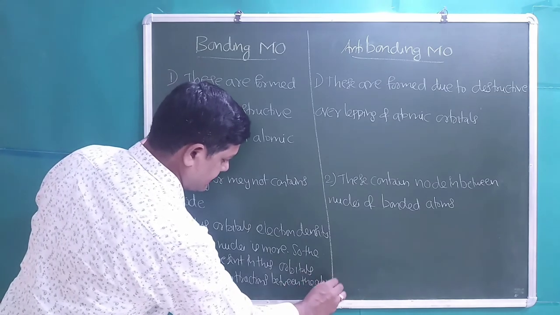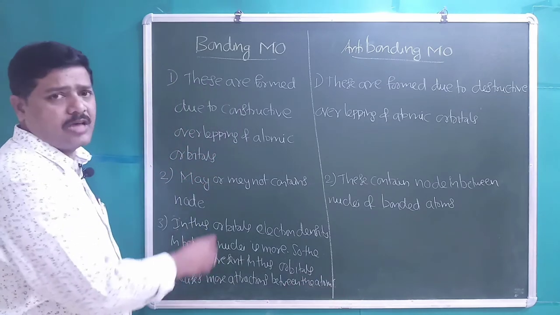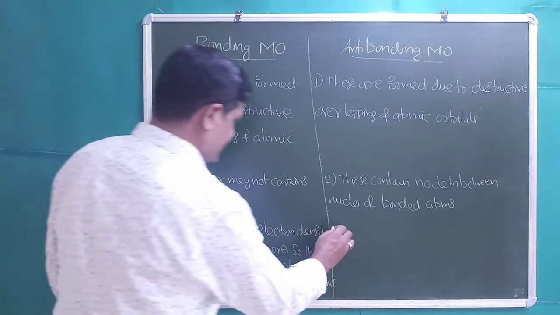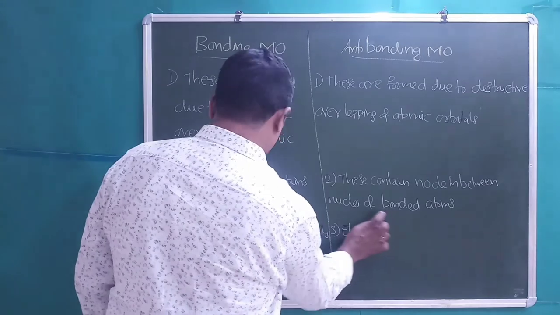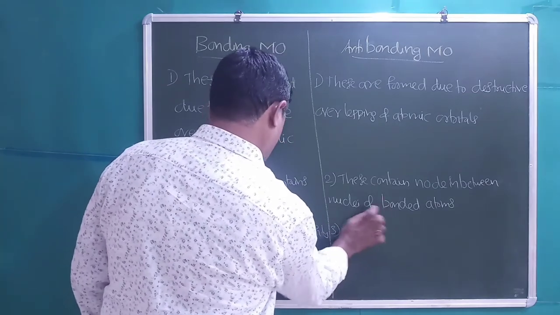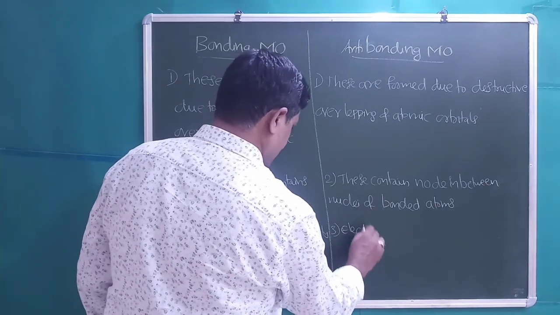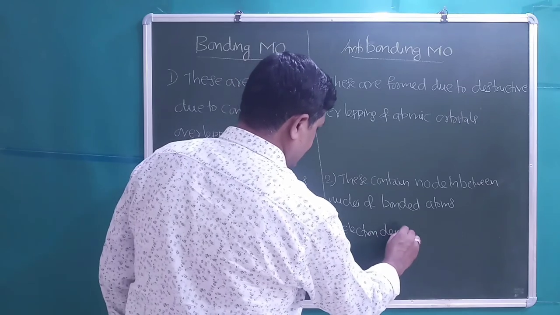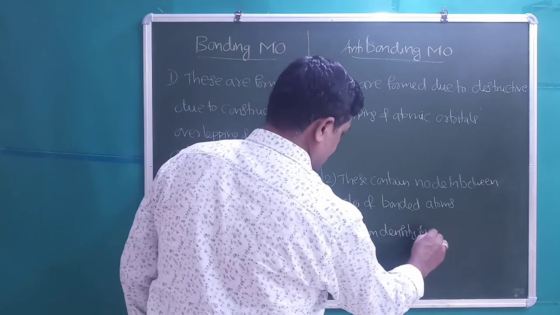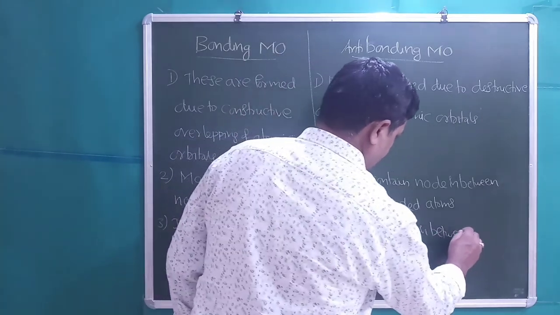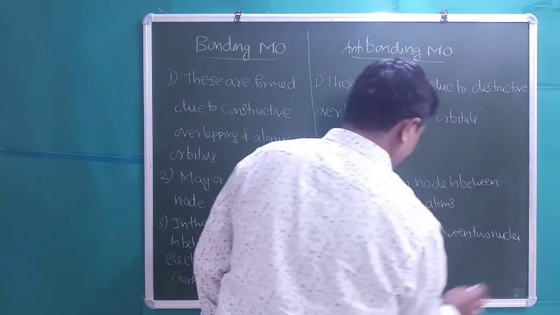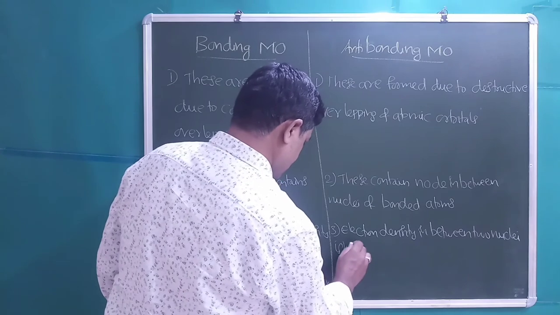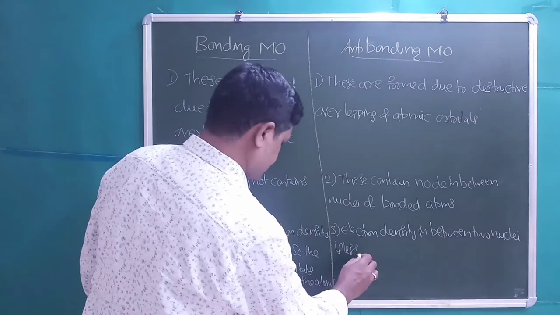On the other hand, for the anti-bonding molecular orbitals, the electron density in between two nuclei is less.